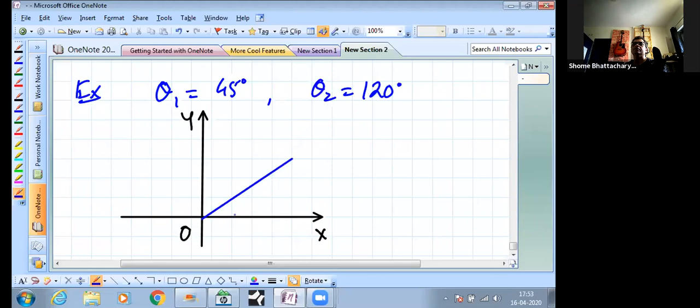So this is my theta 1, which is 45 degrees. Something which I have rotated through an angle of theta 2, which I've taken as 120 degrees, will now lie in the second quadrant. It will be somewhere over here, let's say, where this total angle from here to here is 120 degrees.